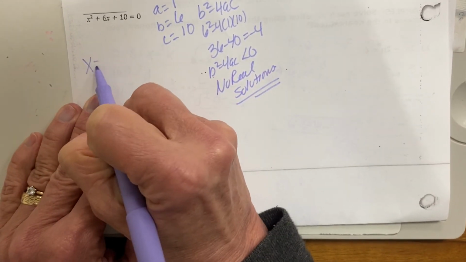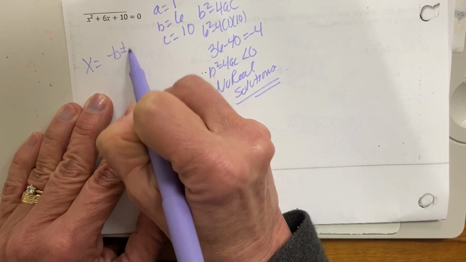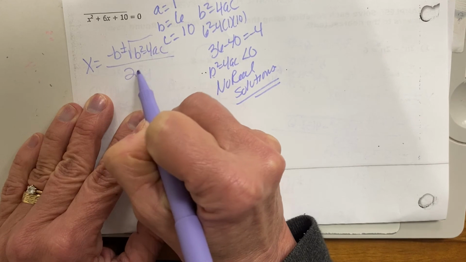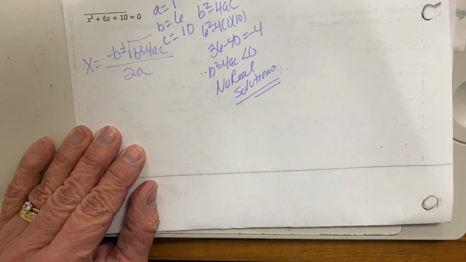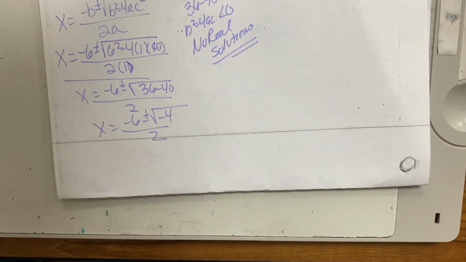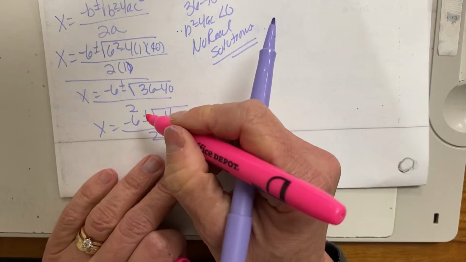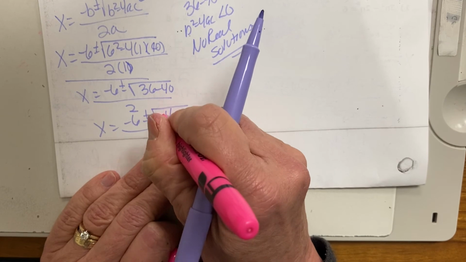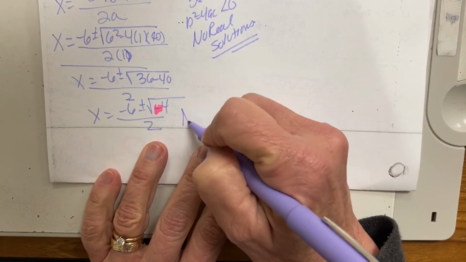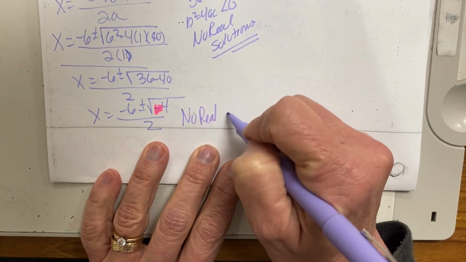So we write our formula, all over 2a. So let's go ahead and have you plug in and see if it works out. So you should have gotten to the point where you have a negative 4 underneath here. And once you get to a negative 4, we're going to have no real solutions.